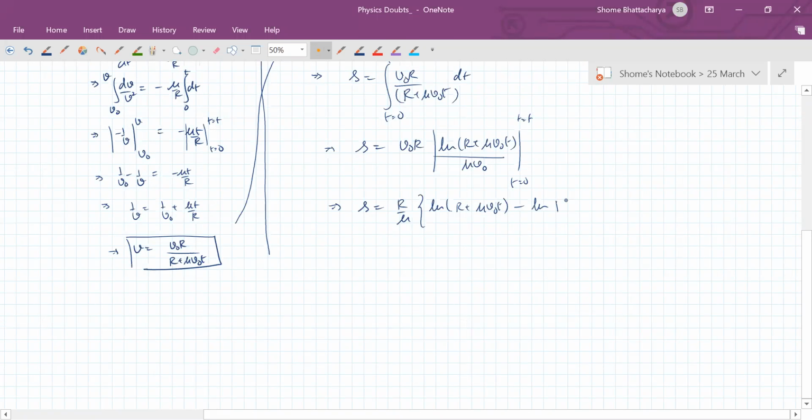So lower limit is this. So the distance traveled is r by μ natural log of r plus μv naught t divided by r, because you can use the property that log a minus log b is log a by b. So s as a function of time is this.